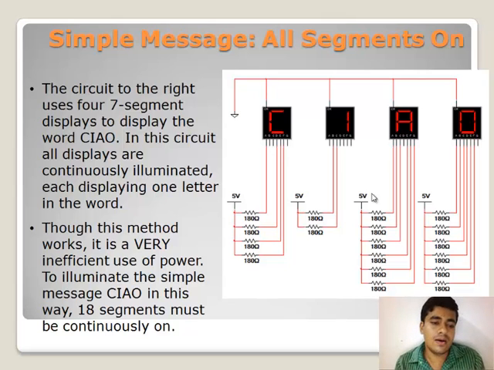Though this method works, it is very inefficient use of power because all displays are on simultaneously. To illuminate the simple message CIAO, 18 segments will be continuously on, so more power will be consumed, and these previous systems are costly.